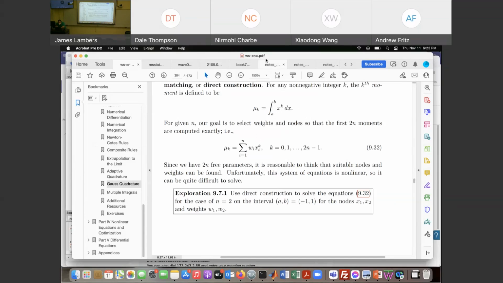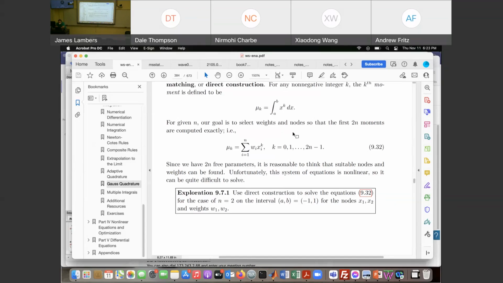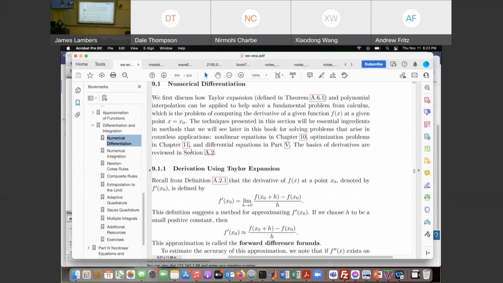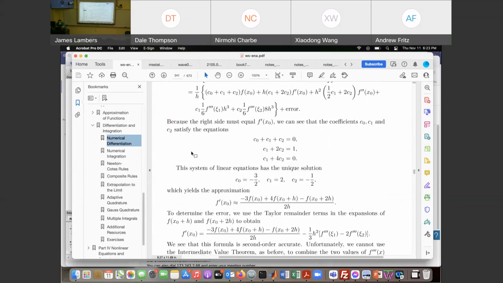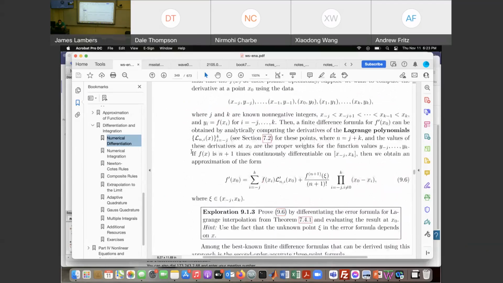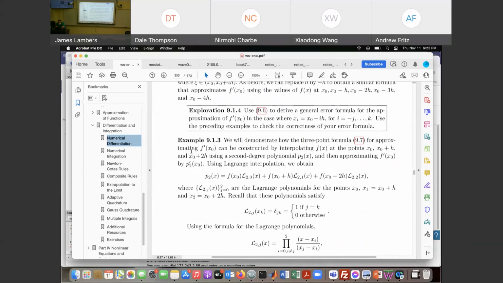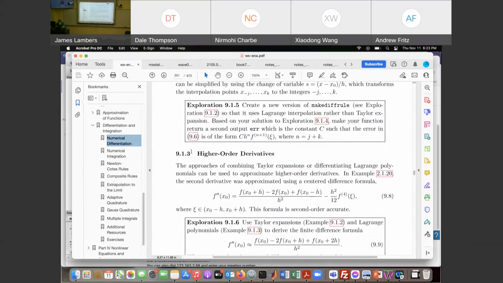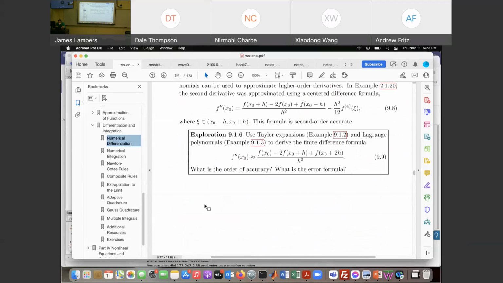I have one question. Yep. I mean, it doesn't have to be this chapter, right? No. Okay. 9.1.6. I'm in the process of working on it. I don't know where it's going necessarily, but when you say use Taylor expansions and Lagrange polynomials, is this to get one result or to use them both separately?